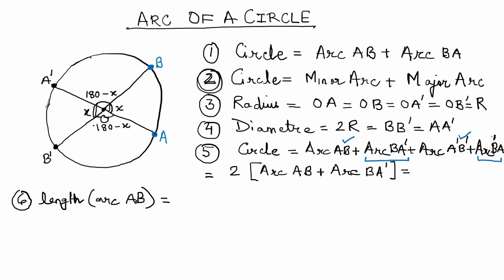It is nothing but the radius into the angle. And one more thing that we need to remember here is pi radians is equal to 180 degrees. This also can be proved.